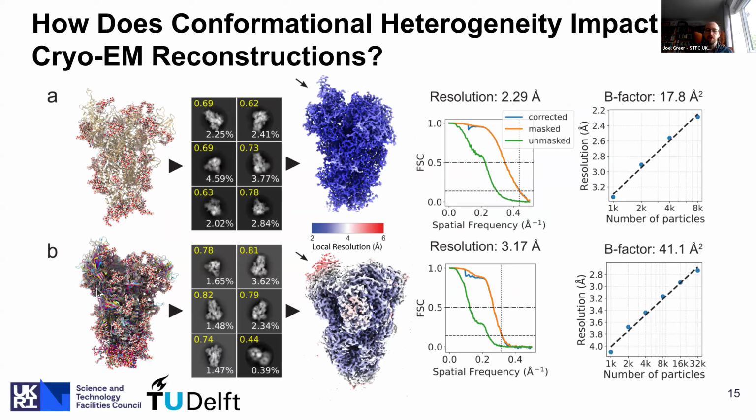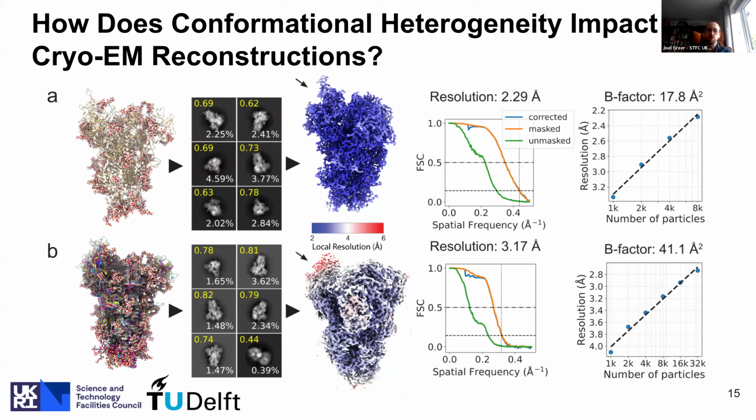The only difference between these two data sets is essentially the presence of conformational heterogeneity in the second data set. We're using the same number of particles in both of these reconstructions. On this occasion, we find that the global resolution decreases quite significantly to 3.17 angstroms.